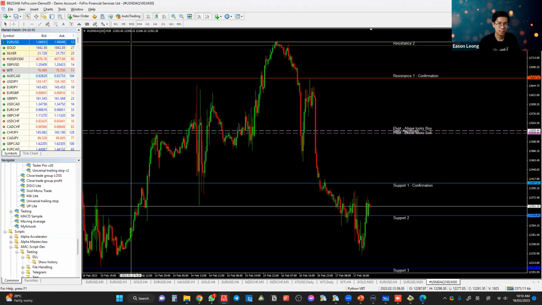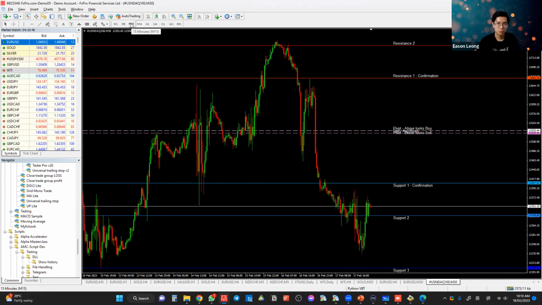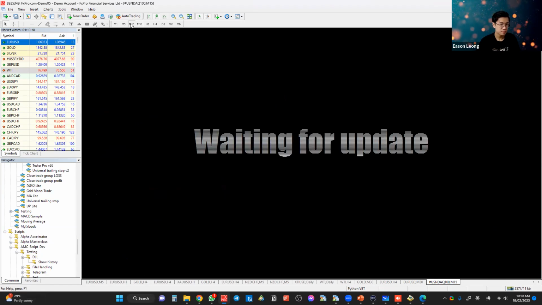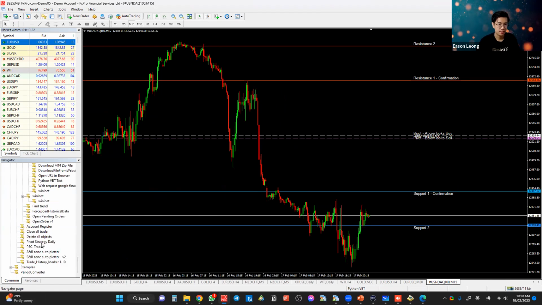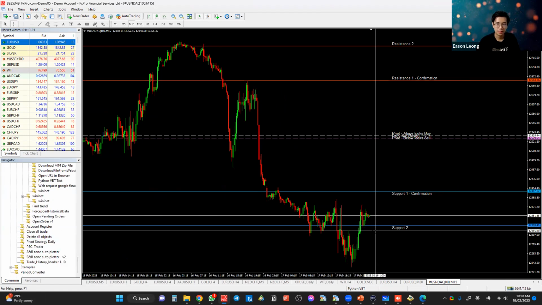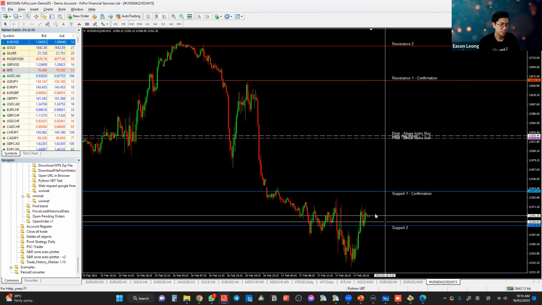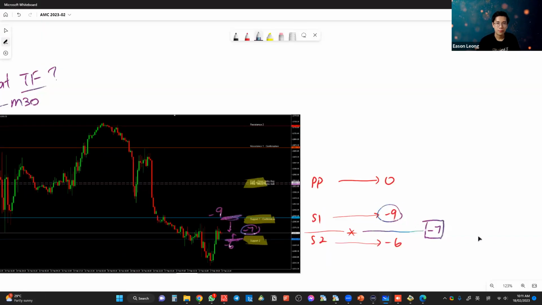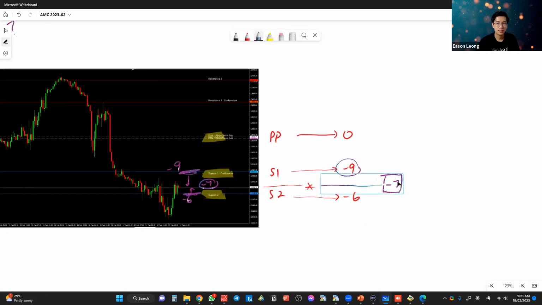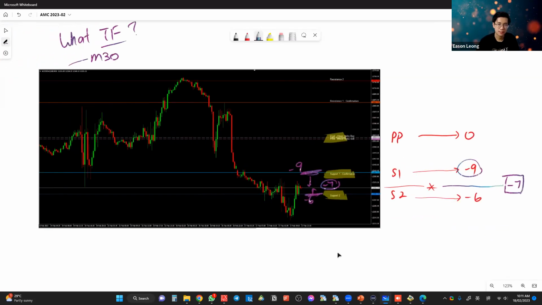Okay, so it's in M30. If you switch to M15, you will get the same analysis as well. Like here, you see, it is still at the same region. In 30 minutes, same region as well. What this means is that regardless of time frame, it is the same.